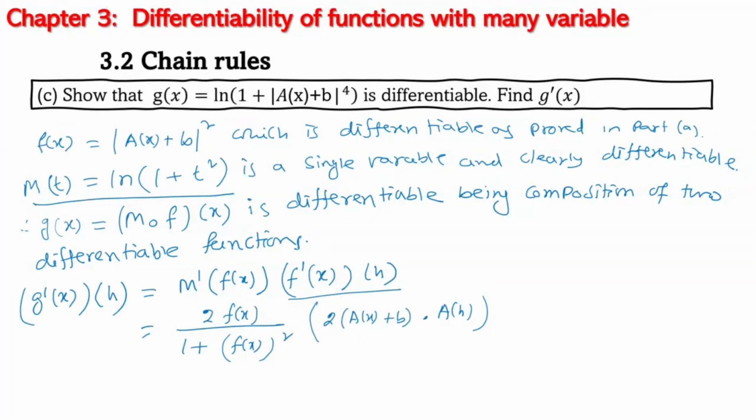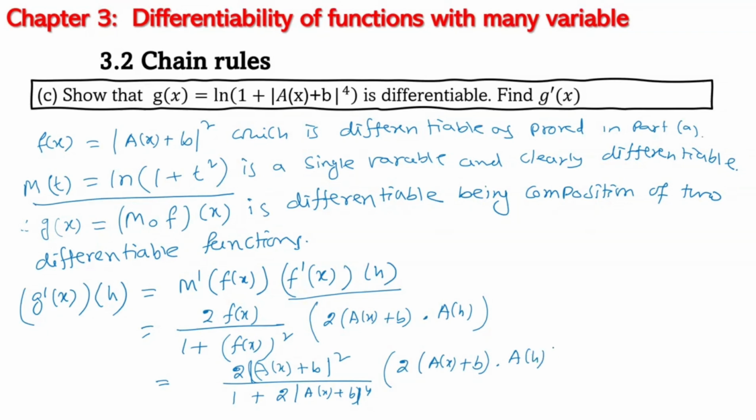Now we substitute f of x and we get the final answer: g dash x of h is equal to 2 times the norm of ax plus b whole squared over 1 plus the norm of ax plus b to the power 4, times 2 (ax plus b) dot ah. So this is the final answer.